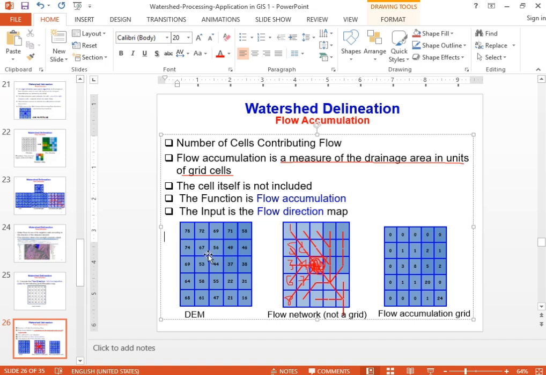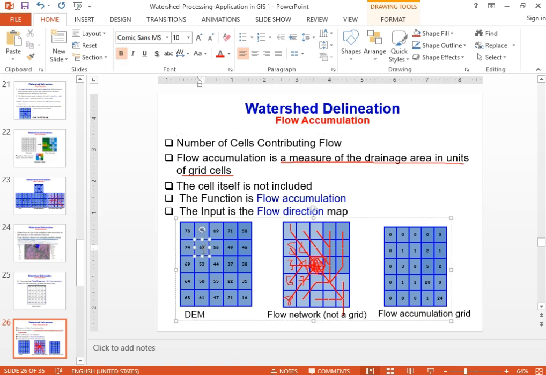And if you proceed with this one, for this cell, this elevation 78 goes to this one. So you have one cell that contributes to this one, so you give 1.